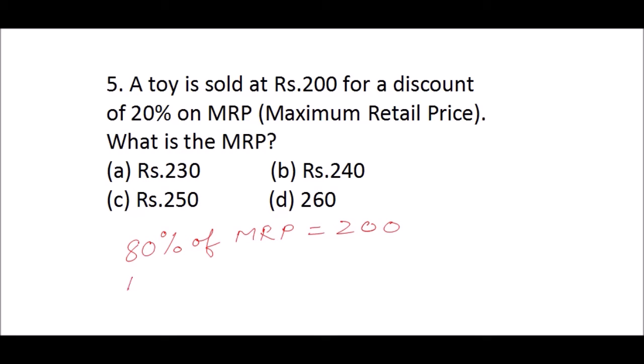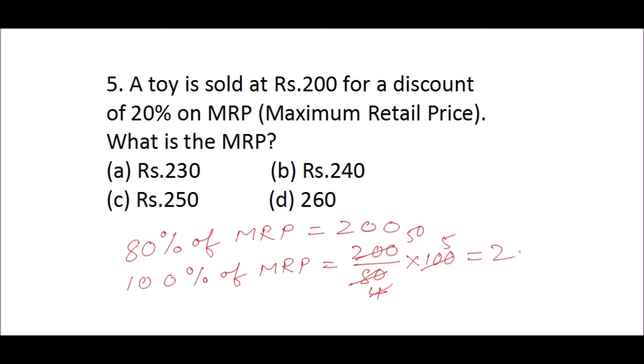Then what will be the 100%? 100% of MRP is equal to 200 divided by 80 multiplied by 100. If you simplify, here 4, here 5, and then 50, therefore it is 250. Therefore your option C is the correct option.